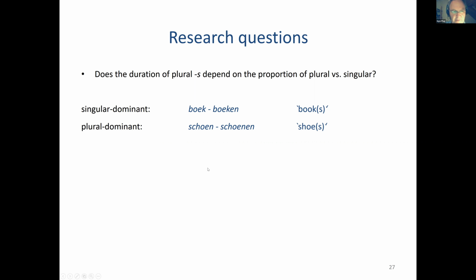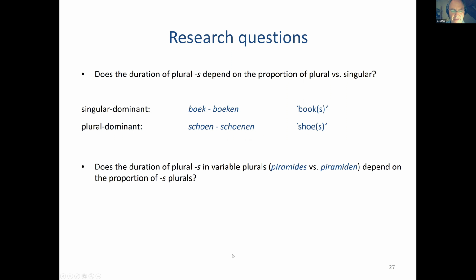My Dutch is quite limited. So in boeken, this is a singular dominant word where you have a high frequency for the singular and a lower frequency for the plural. And there are words where the opposite is the case, and shoes in English too is such a case. They are called plural dominant words.